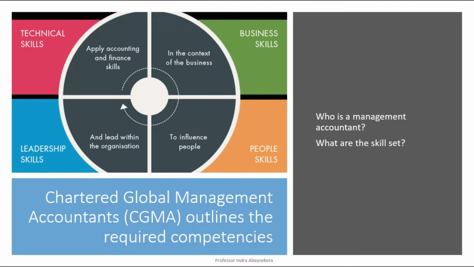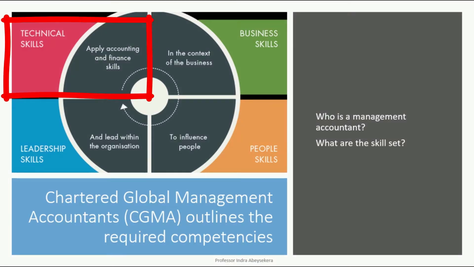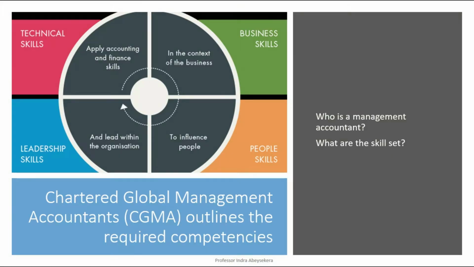First, technical skills to apply accounting and finance skills. Second, business skills to apply those skills in the context of the business or the enterprise. Third, people skills to influence people with information in hand.